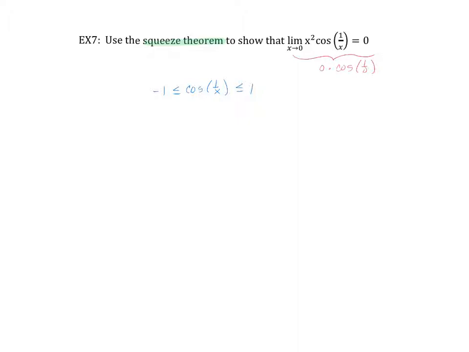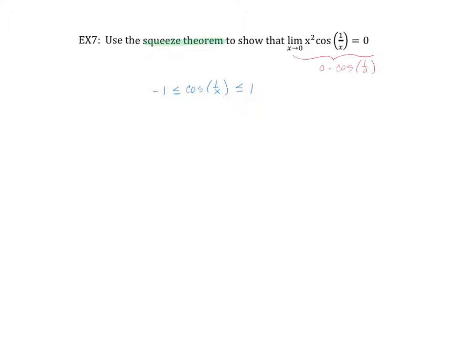Now all I have to do is build it up so it looks like x squared times cosine of 1 over x. So all I have to do is multiply all three pieces by x squared. You do have to be careful though, because remember, whenever you multiply or divide by a negative number, you have to flip your inequality. However, I don't have to worry about it in this case because it's an x squared.